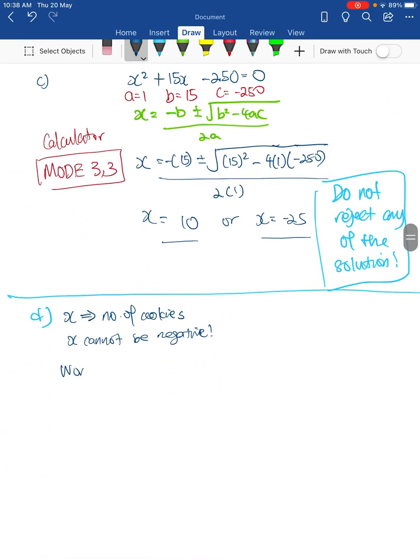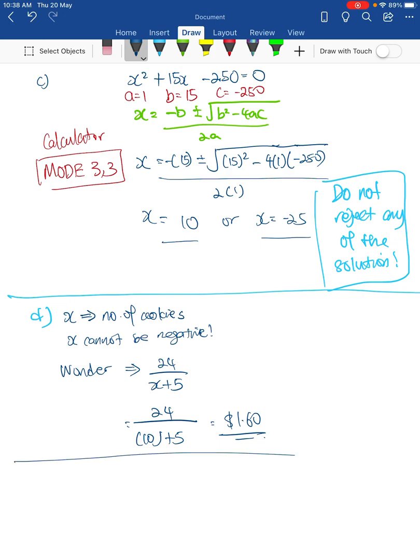So all you need to do is sub in the value of 10. So it's 24 divided by 15, which will be $1.60. That will be the answer for question 2.